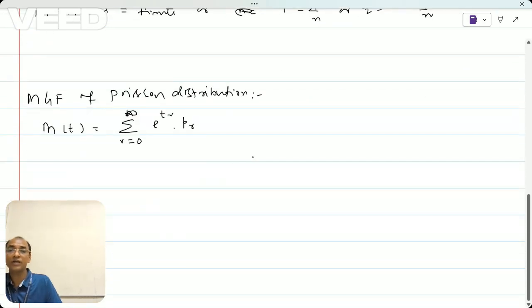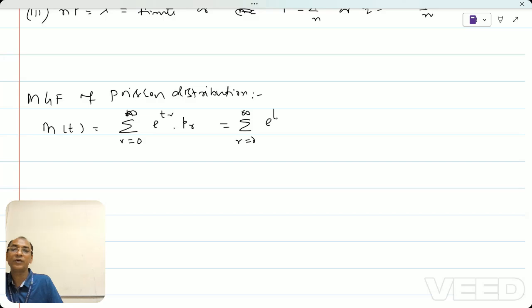So we have summation r equal to 0 to infinity, e to the power tr into e to the power minus lambda, lambda to the power r divided by r factorial. We can put e to the power minus lambda outside, which is independent of r.